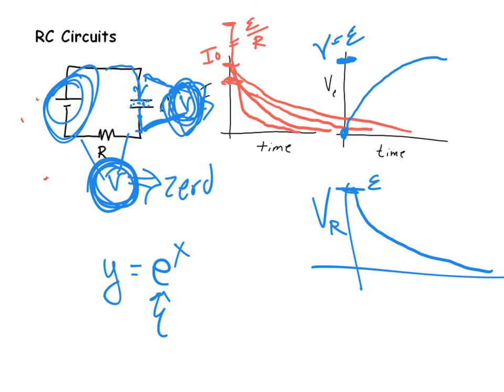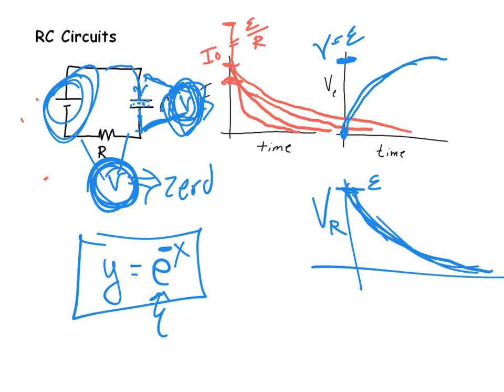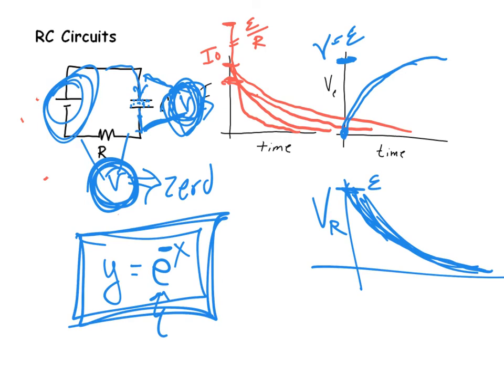We call it a natural log when we use that as a base. Actually, if we make the exponent negative, it would look like this kind of graph, that shape to it. So we often apply this kind of equation to this kind of growth and decay.